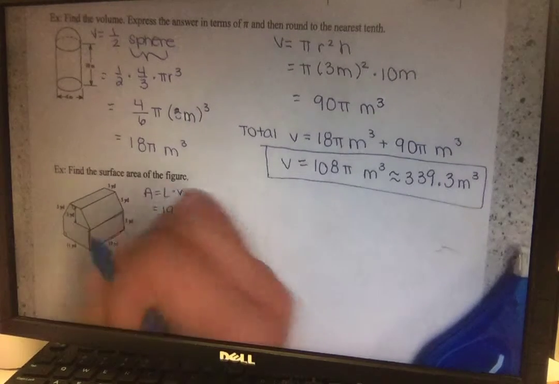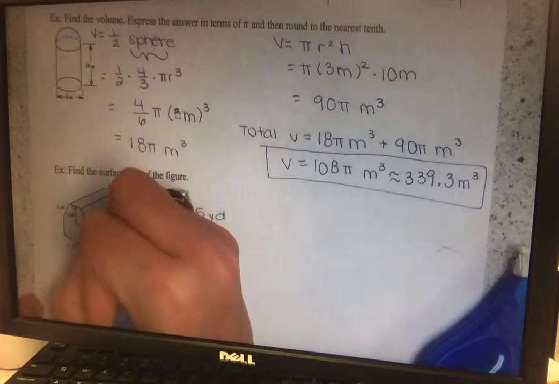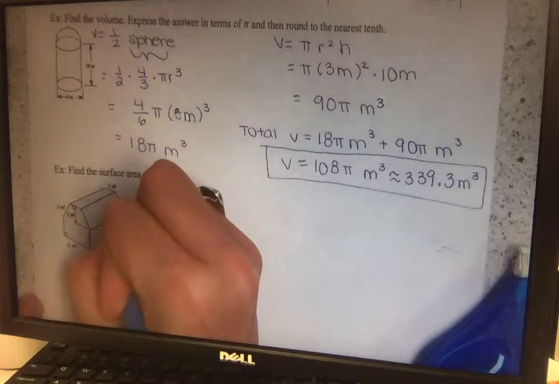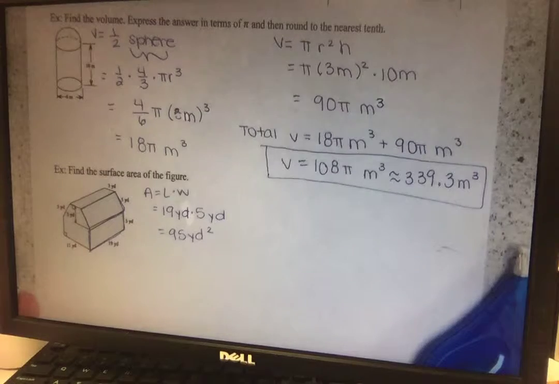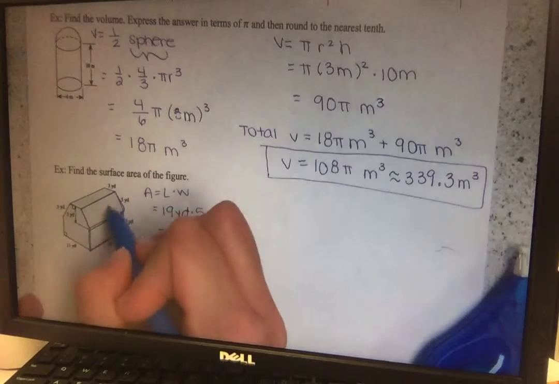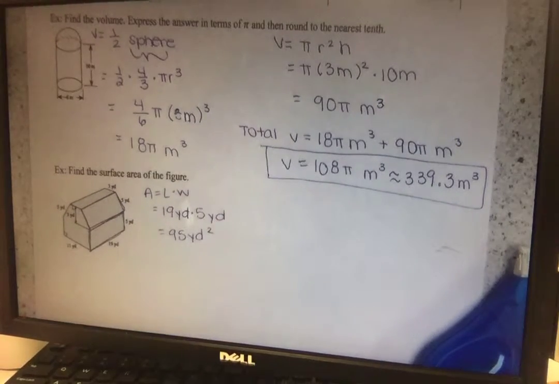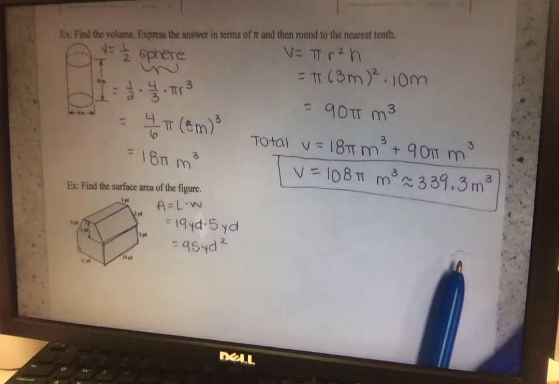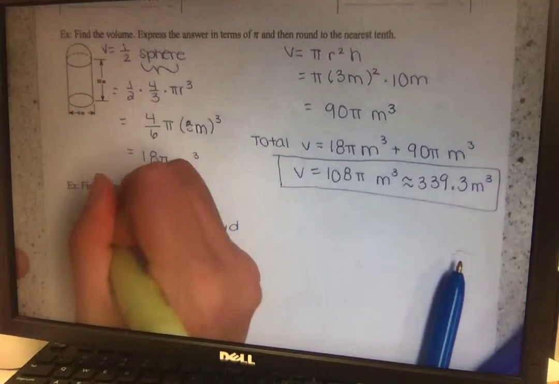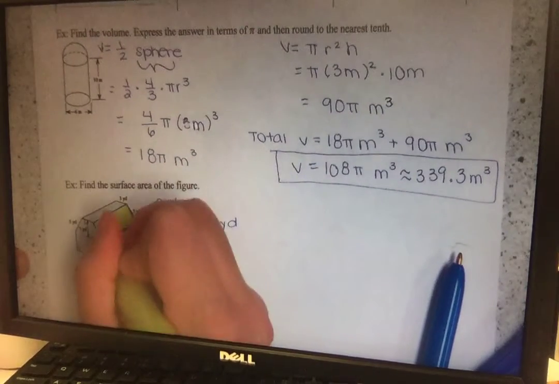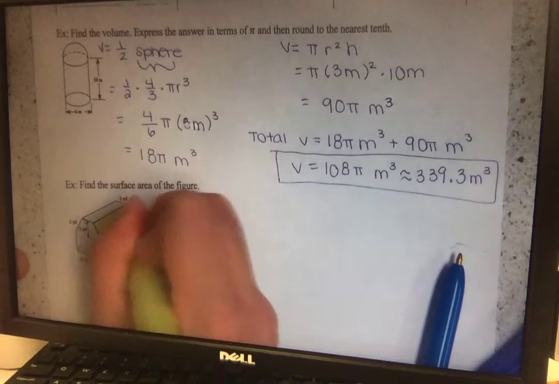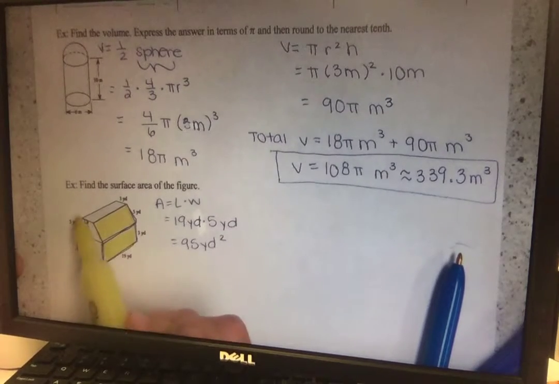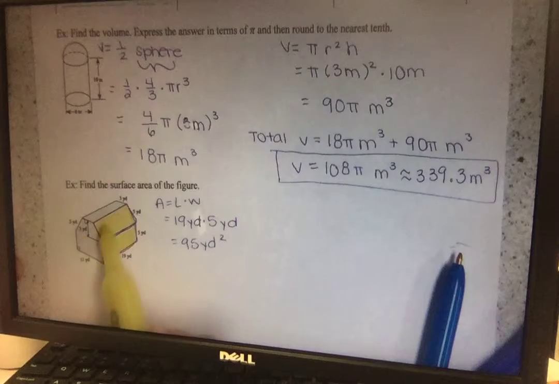So if you notice, here's one of these. Here's another one of these same dimensions. And on the other side, there's going to be one more over there and then another one. So there should be 4 of these same rectangles. So I'm going to use a highlighter to show you. So we have one right here. We have another one right here. So that's 2. On the other side, over here will be another one, and over here will be another one.